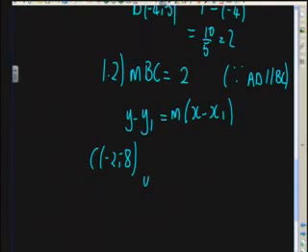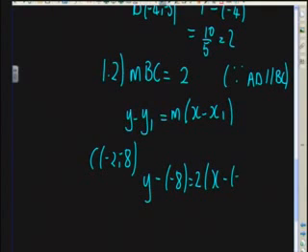So we're going to get y minus -8 is equal to the gradient, which remember is 2, times x minus -2. All right, so we get y plus 8 is equal to 2 into x plus 2.